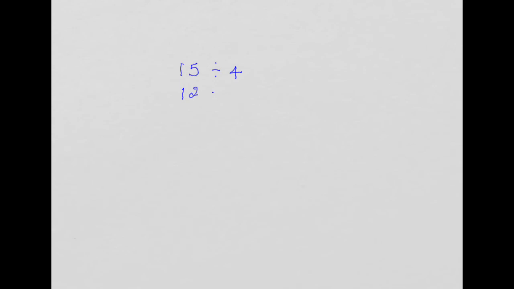And we know that 12 divided by 4 equals 3. So 15 divided by 4 equals 3 remainder something. And the way we find the something is we say 15 take away 12 equals, 2 from 5 is 3, 1 from 1 is nothing, so it is remainder 3.